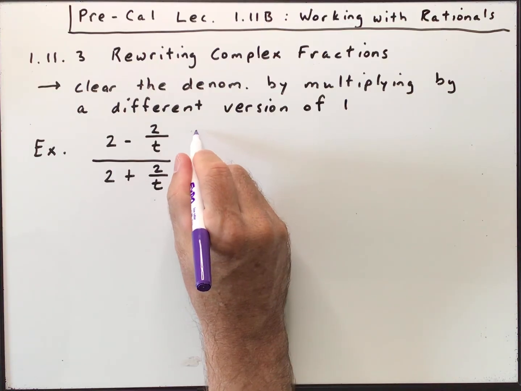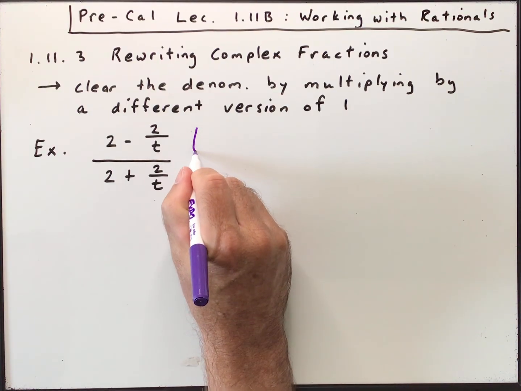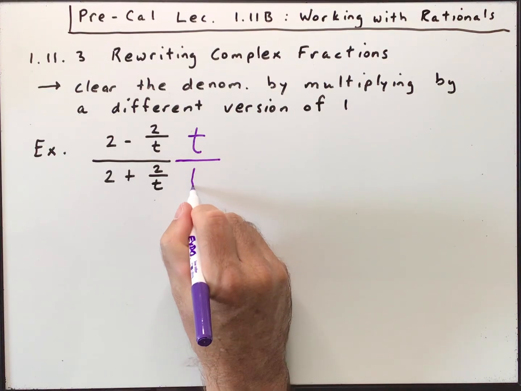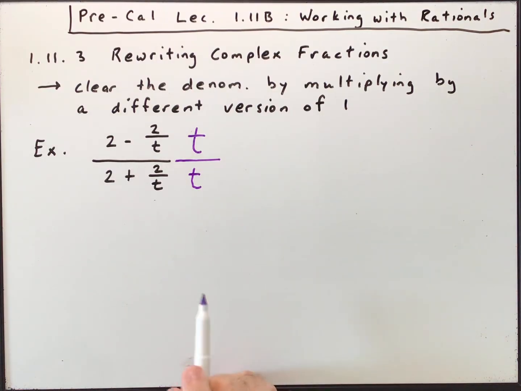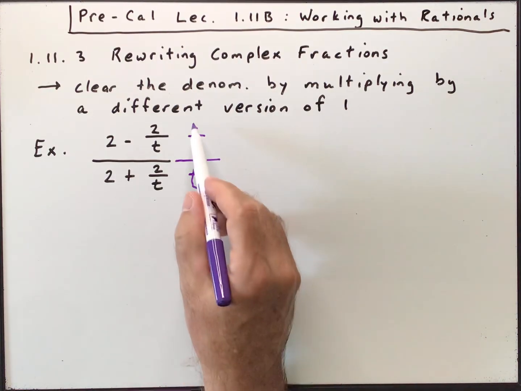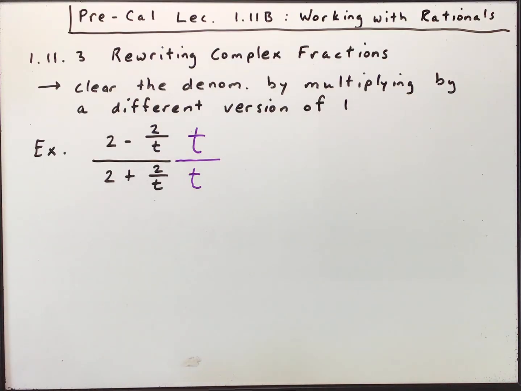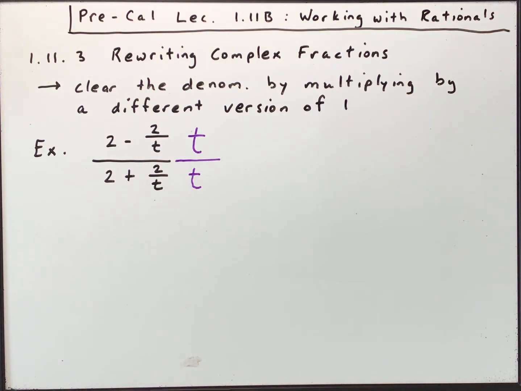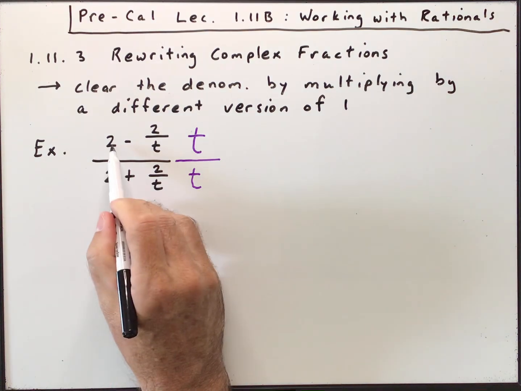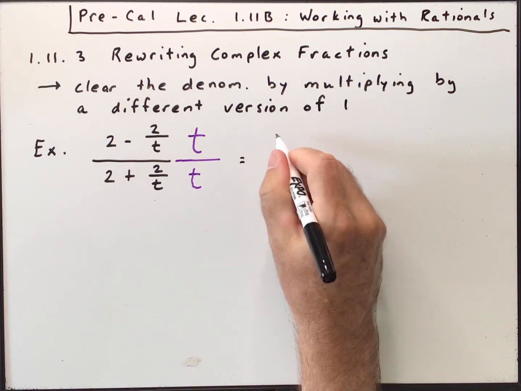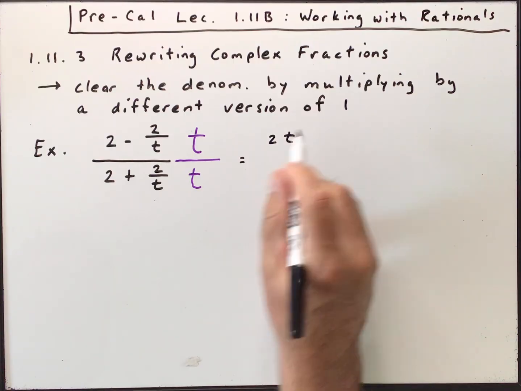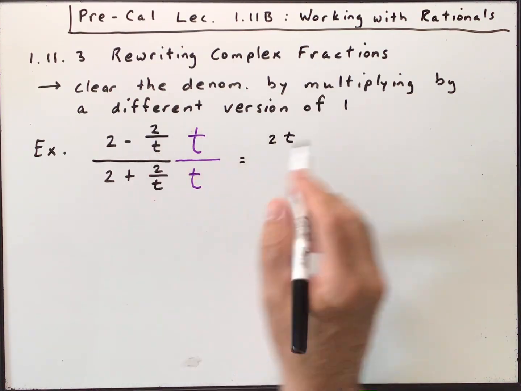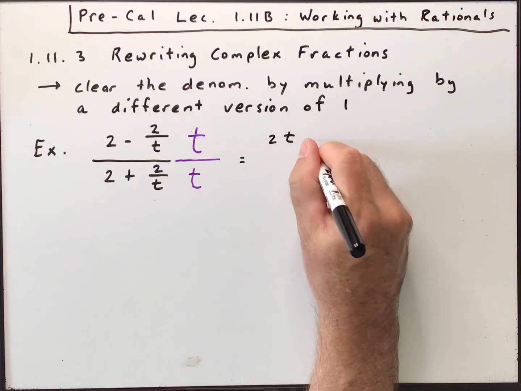How about, and I'm going to write it real big, we multiply by t over t, the whole thing. Okay, that's just 1. But if we multiply by t over t all in one pop, then we're going to do 2 times t, so that would be 2t. And then t times 2 over t, the t's would cancel, and you're just going to have minus 2.